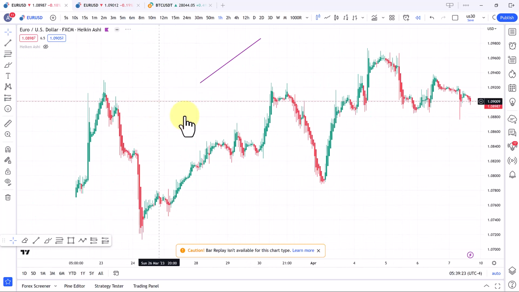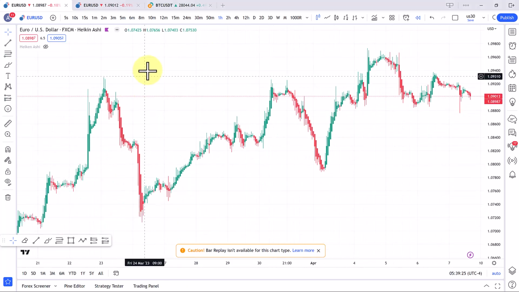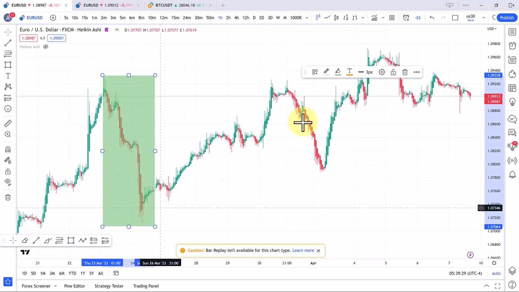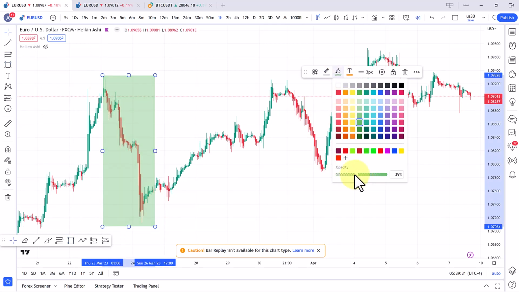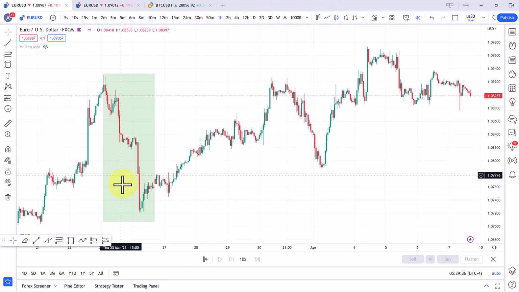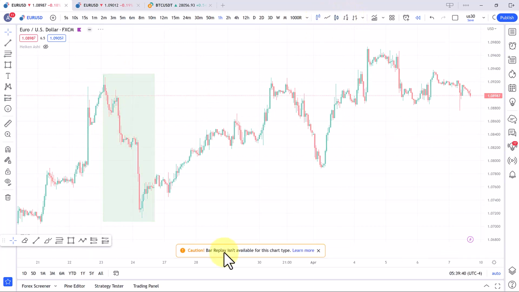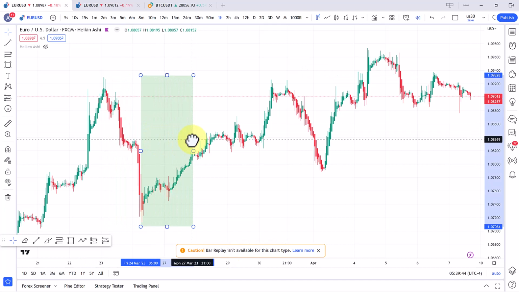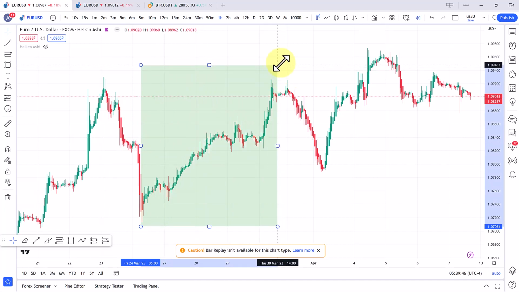You can see that if I switch to a candlestick chart, for example, from here to here, we have a lot more noise than we see in the Heiken Ashi charts. Or a better example is here.